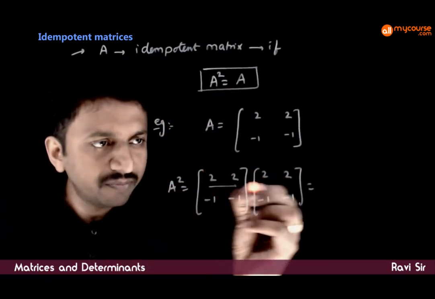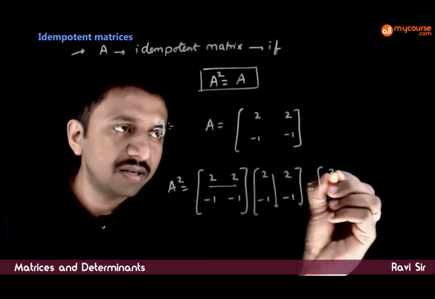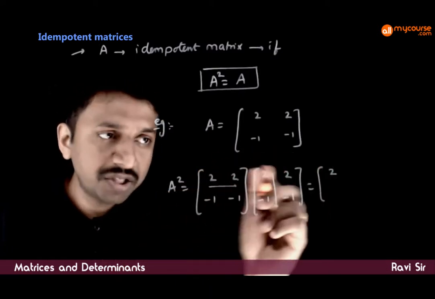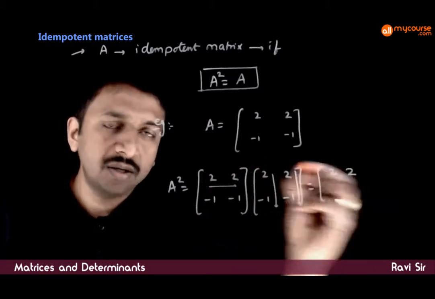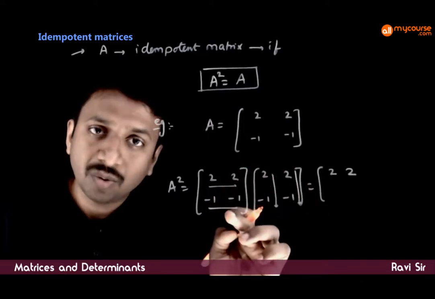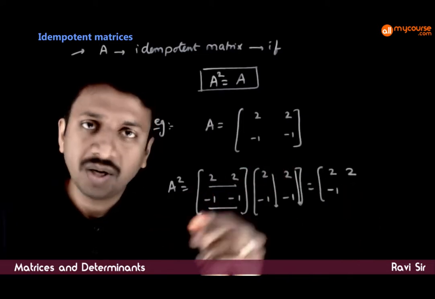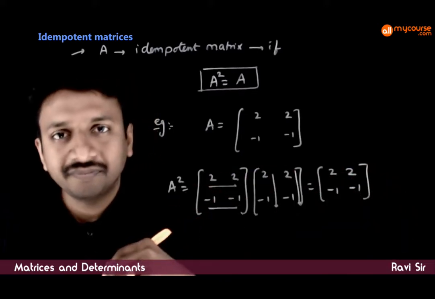First row into first column: 4 minus 2 is 2. First row into second column: again 4 minus 2 is 2. Second row times first column: minus 2 plus 1 is minus 1. Minus 2 plus 1 is again equal to minus 1.